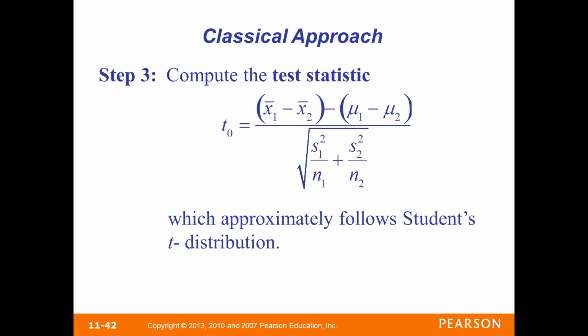The third step is the same in that we're going to calculate a test statistic. The new aspect is that we're calculating it using Welch's formula: x1 bar minus x2 bar minus the difference of the means, over the square root of s1 squared over n1 plus s2 squared over n2.